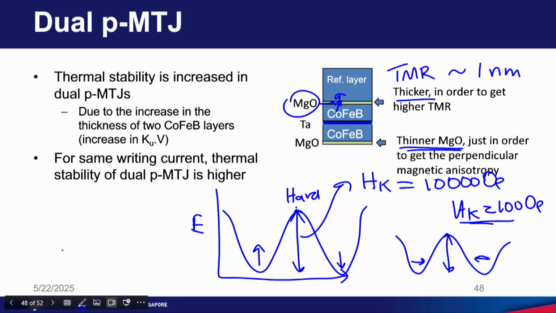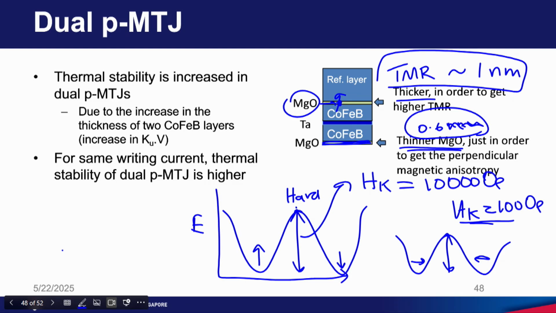To ensure that you have reasonable TMR, the magnesium oxide here will be around 1 nanometer. But at this position, you don't need to make that magnesium oxide very thick. So maybe it's around 0.6 nanometer. I don't know the exact value, but I am just guessing that it could be around 0.6 nanometer.